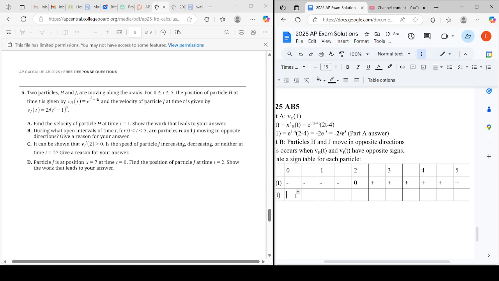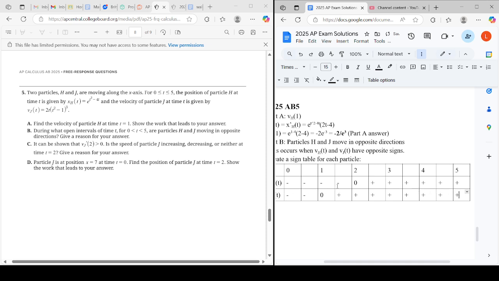And for v sub j of t, that's given to us. It's 2t times t squared minus 1 cubed. 2t is always going to be positive because we're only dealing with positive terms. And this t squared minus 1 cubed is going to be negative for t less than 1, and then positive for greater than 1. So we're going to put it here, and then 0 here, and then positive for the rest of the way.